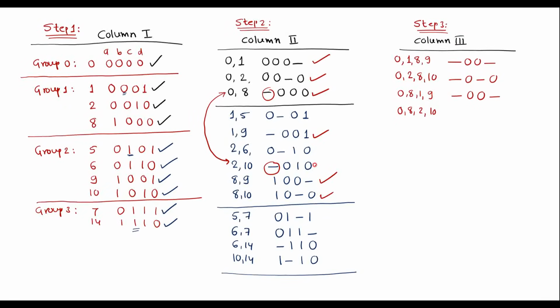Now I will put a check mark for 2, 10. I will represent it as first bit dash, next 0, next the differing bit dash, next 0. Thus we have compared all of these. Now we will compare the second group with the third group.